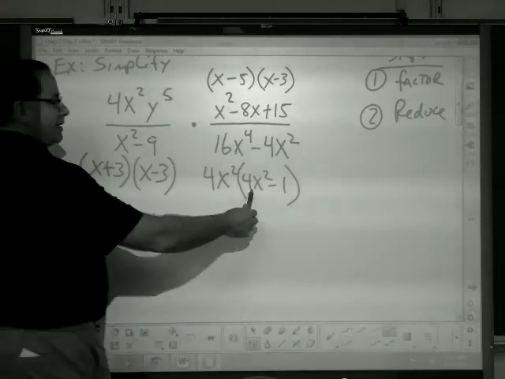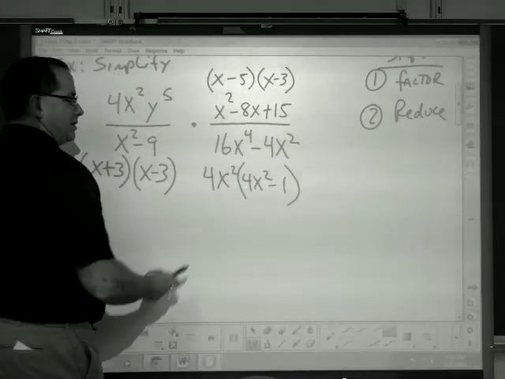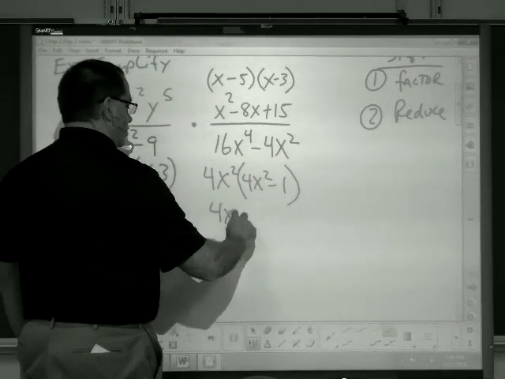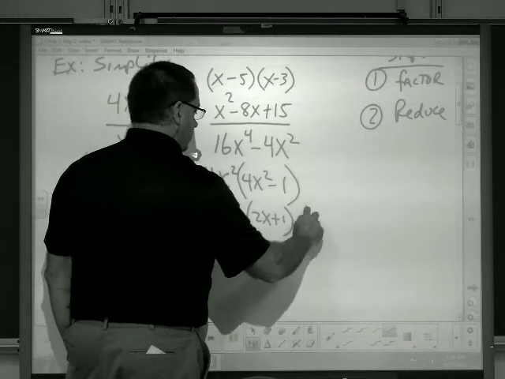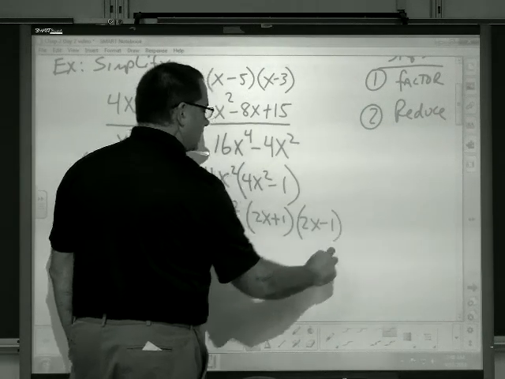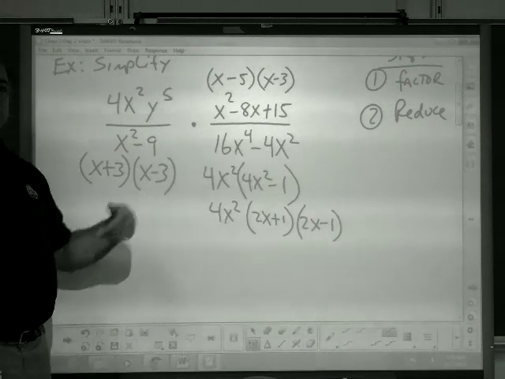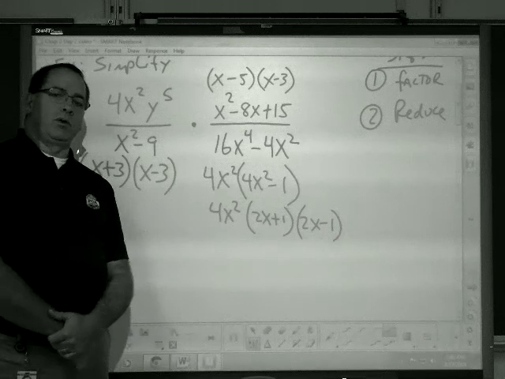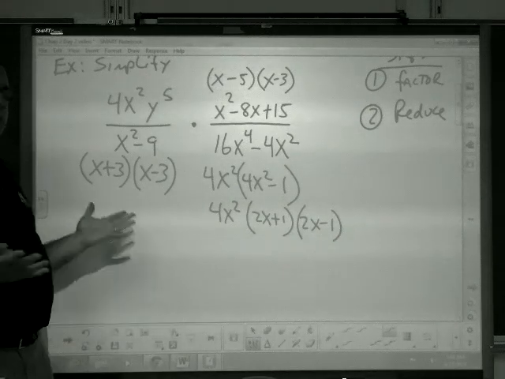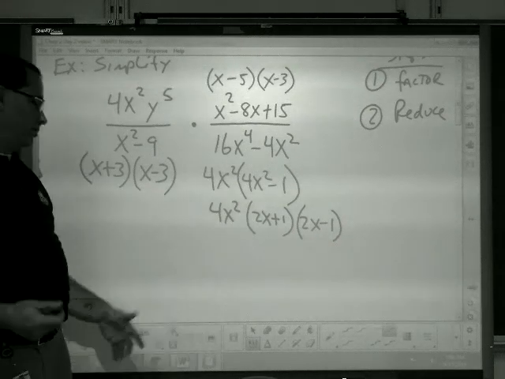But 4x squared minus 1 is a difference of perfect squares. So I have 4x squared, and then 2x plus 1, 2x minus 1. That's what makes this different from Algebra 1: the level of the perfect square problem gets a little more intricate. But other than that, the process is still the same, factor and reduce.